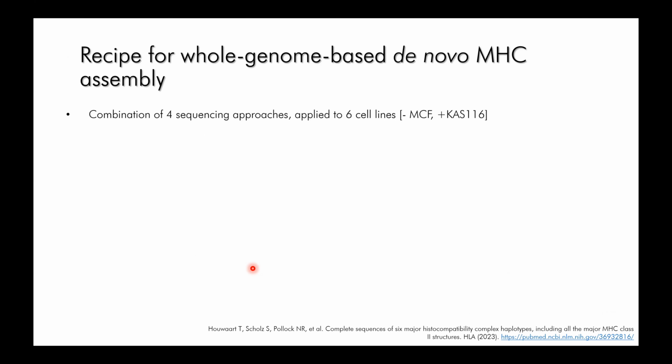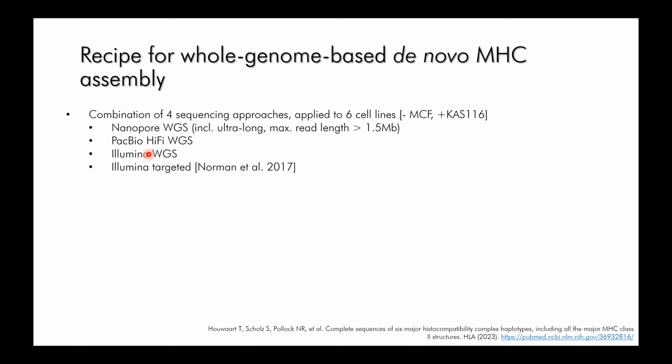We combined 4 different sequencing approaches and applied that to the 6 cell lines that I just mentioned. These sequencing approaches included Oxford Nanopore sequencing, using the ultra-long protocol, where you have maximum read length over 1 megabase. We also carried out PacBio HiFi sequencing, Illumina whole genome sequencing, and we also rolled in some Illumina targeted sequencing data that Paul and his group had produced earlier.